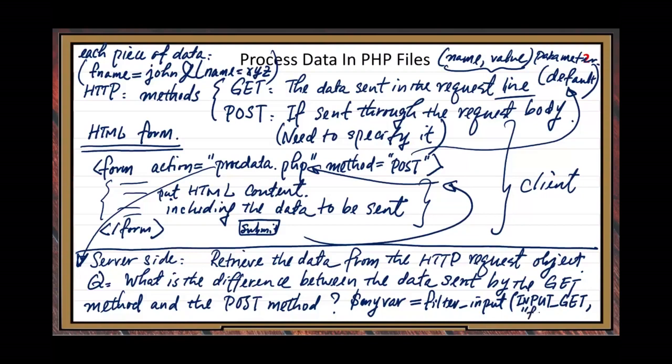So the name is fname. In this way, you retrieve one piece of data from the HTTP request object. If you have many pieces, then you retrieve in this way.